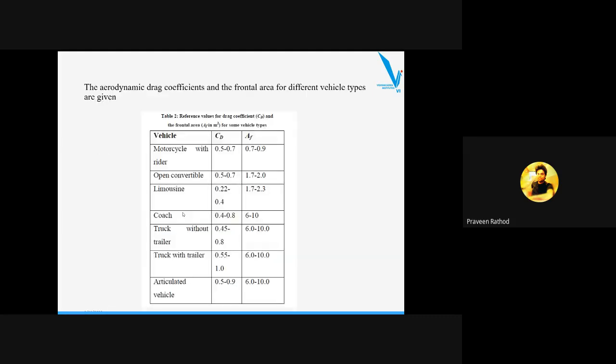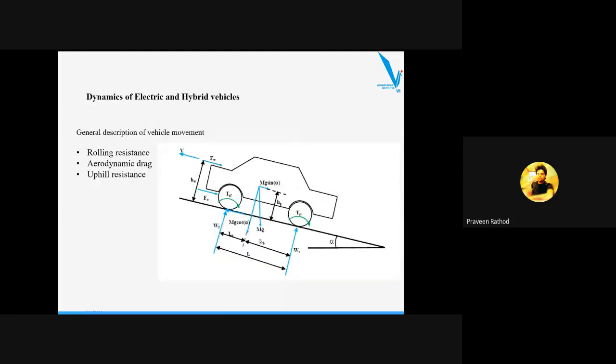As I said, we are going to write down the dynamic equation for Wf and Wr. By tomorrow we are going to derive the equations for this, how you get the reaction forces for the front tire and for the rear tire, and how we can replace them with the help of different terms in the equations.